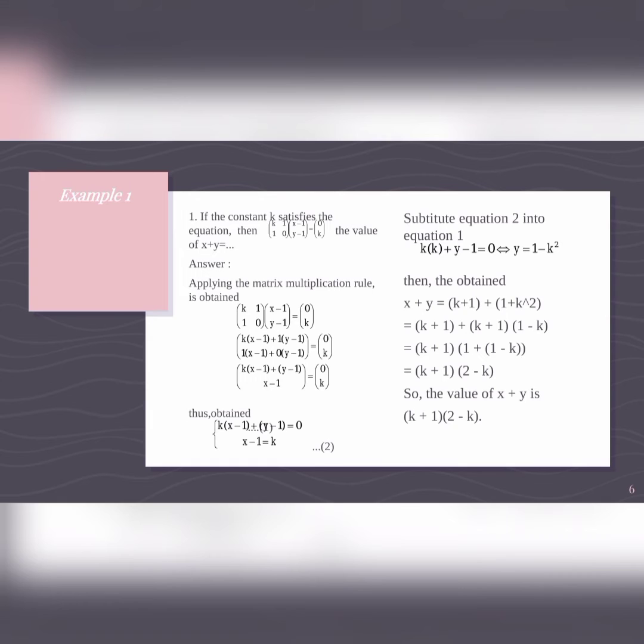And we get the result is matrix K times X minus 1 plus Y minus 1 and X minus 1 equals matrix 0 K. And that's obtained K times X minus 1 plus Y minus 1 equals 0 is the first equation, and X minus 1 equals K is the second equation.